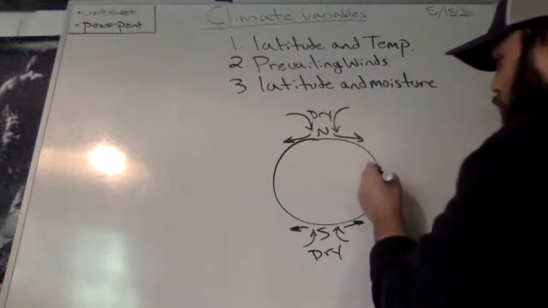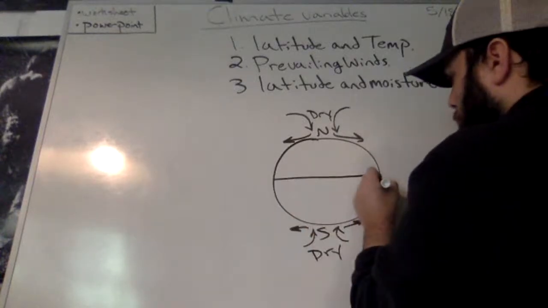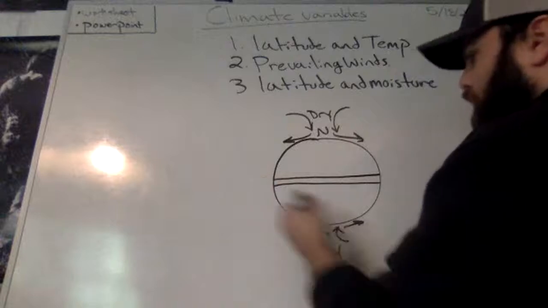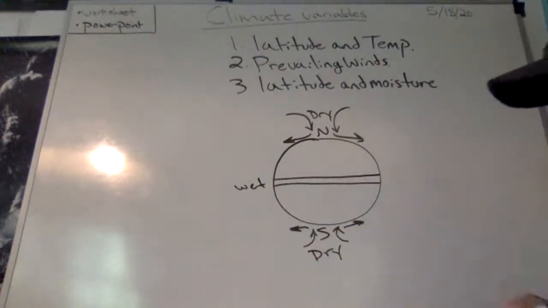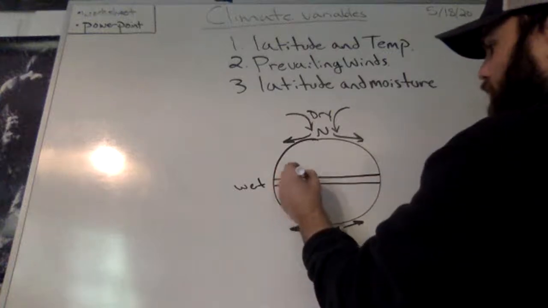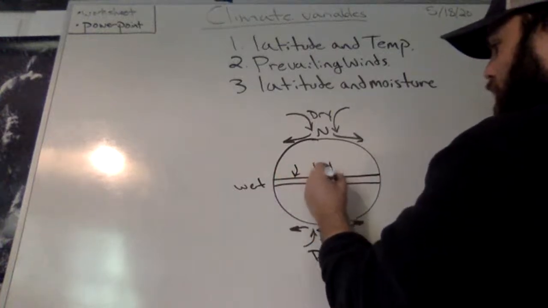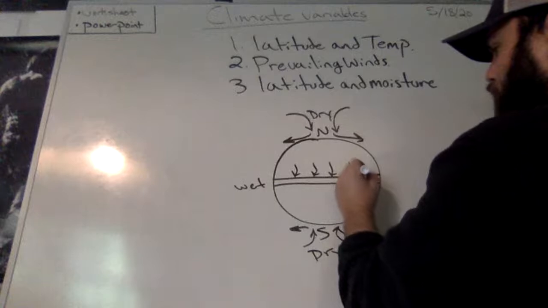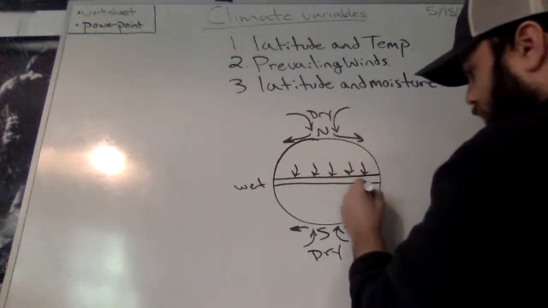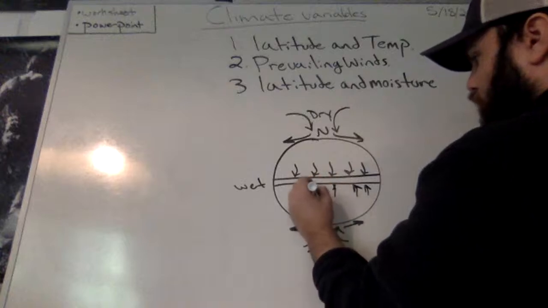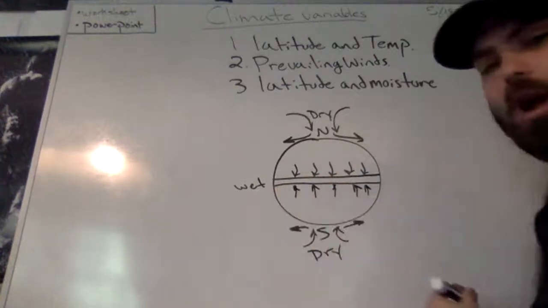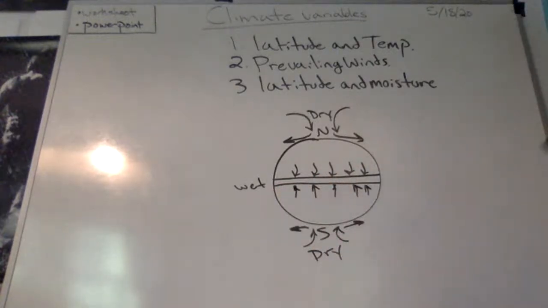Now, if you look at the equator, it gives you this line over here, and it's telling you that it's a wet climate because when you actually look at it, the wind is blowing into it. So it's blowing all that moisture into the equator, and that's where you get that wet environment that's causing the rainforest.